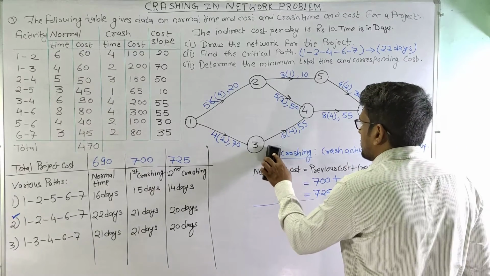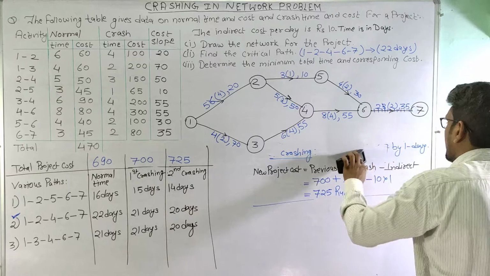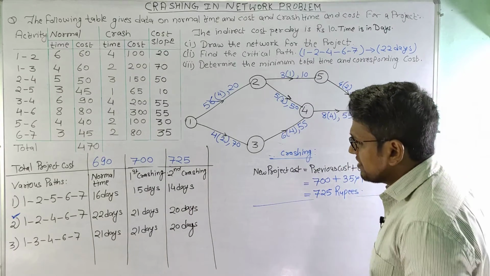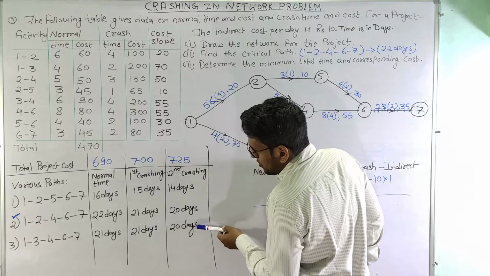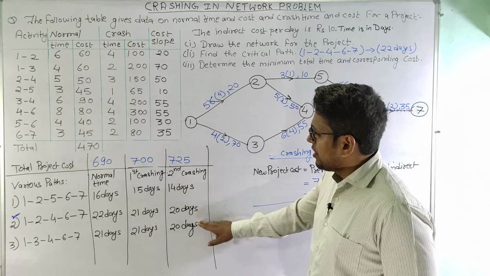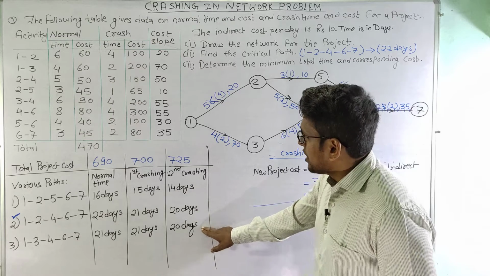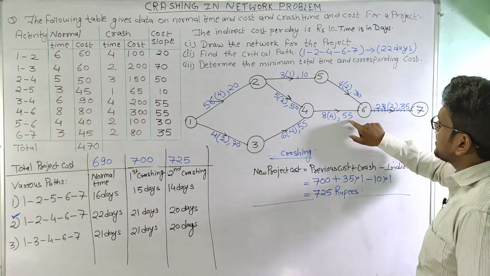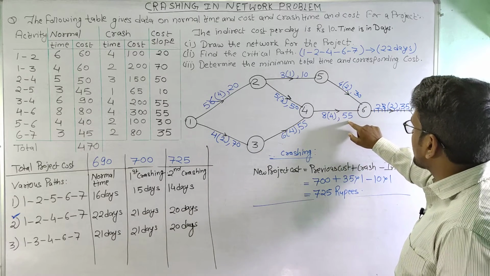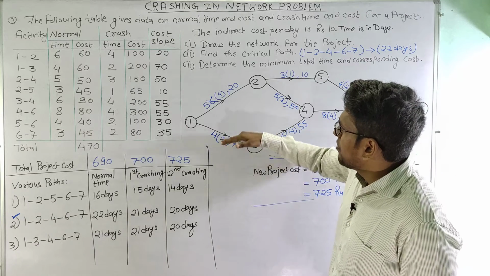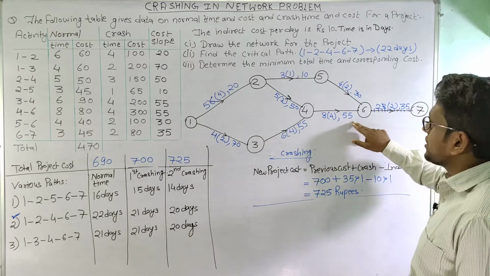Now again we will see that we can crash further in this network. We see that now these two paths again have the same time, which is the maximum of 20 days. So again we need to crash these activities. If we crash this particular activity which has the slope 55, then the timing of both the paths will change.